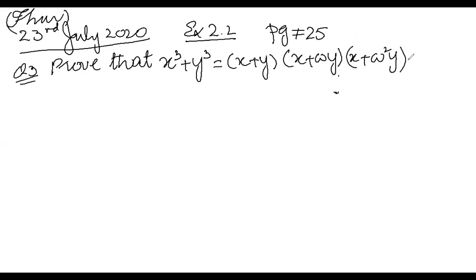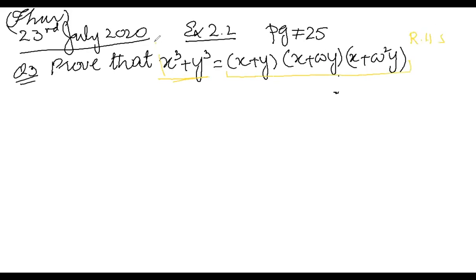Let's recheck the question once again. It is a very important thing which I'm saying. x cube plus y cube is equal to (x plus y) into (x plus omega y) into (x plus omega square y). Dear students, this is our left hand side and this is our right hand side.